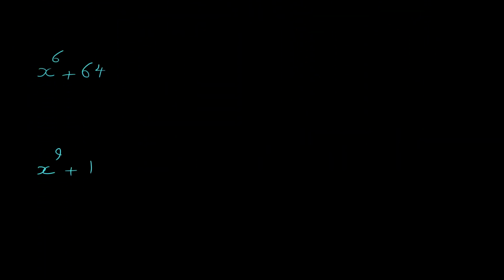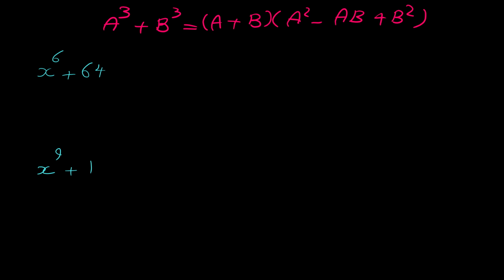Now look at these examples. X to the 6 plus 64. Let me again write down the formula. A to the 3 plus b to the 3 is (a plus b) times (a to the 2 minus ab plus b to the 2). The factored form of this would be, this is (x to the 2) to the 3 and this is 4 to the 3.